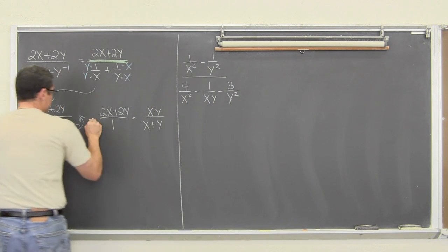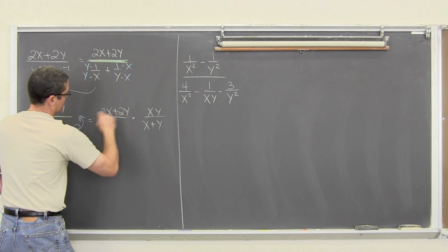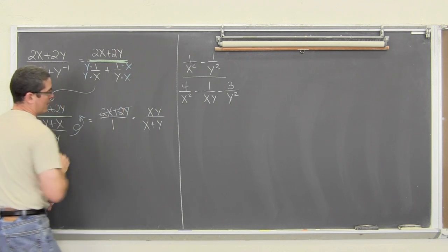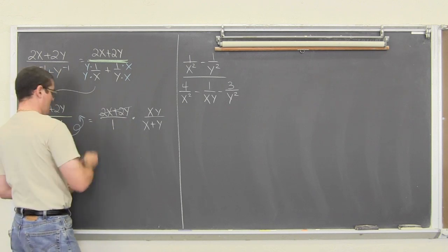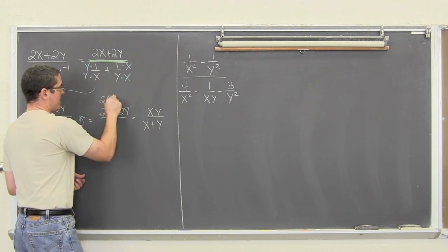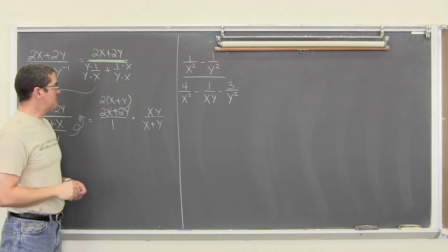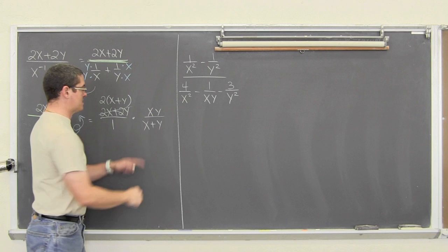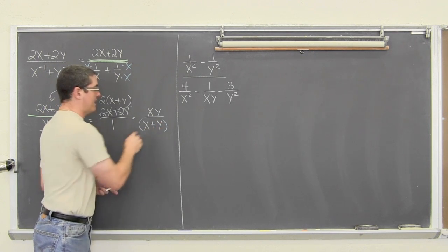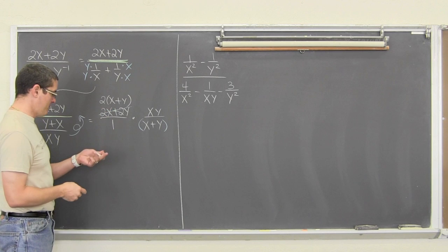Now to save some space here, I'm going to take this numerator and factor it. These two terms both have a common factor of 2. So we're going to write 2 times x plus y. Now when I do that, I can see that this denominator, remember this fraction bar acts as a grouping symbol, has x plus y, and we have that factor in the numerator of my first fraction.